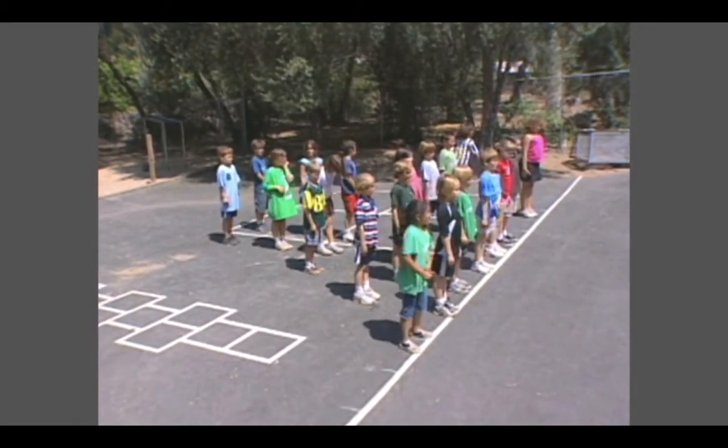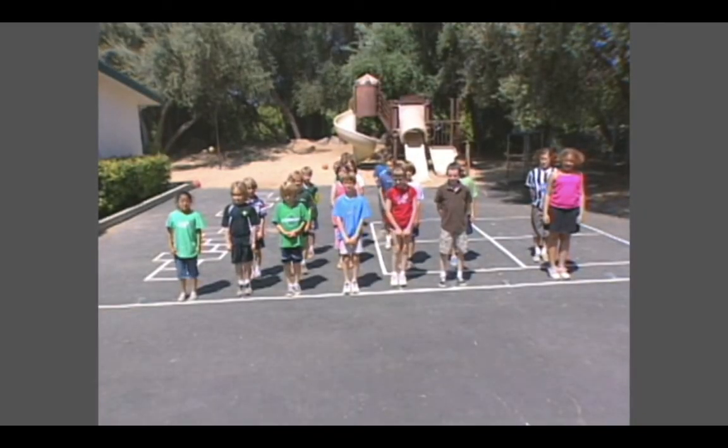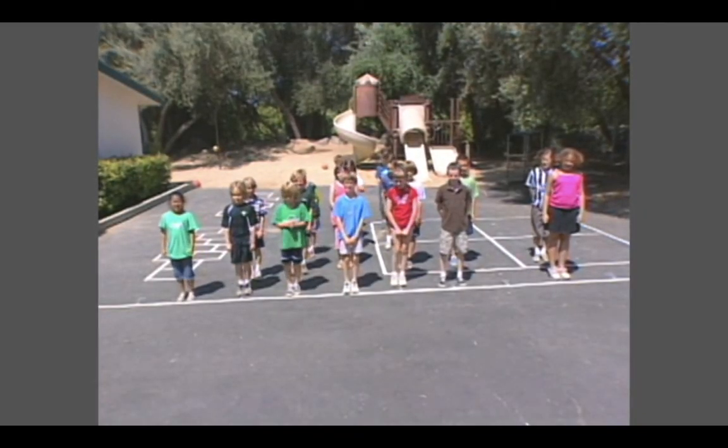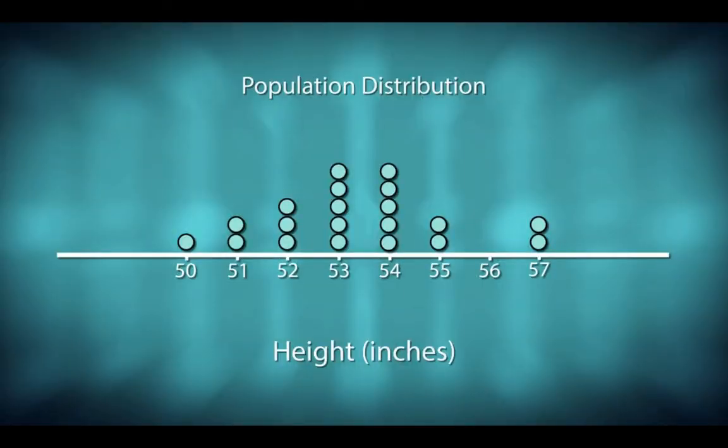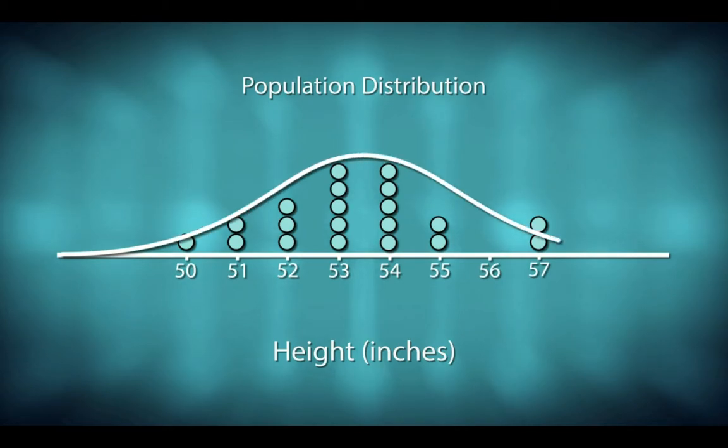This is our population distribution, the distribution of values in our whole population of 9-year-olds in the class. When we plot this out, you won't be surprised by now to see that the shape of the distribution is approximately a normal curve, from which we can calculate the exact mean mu, 53.4 inches, and the standard deviation sigma, 1.8 inches.